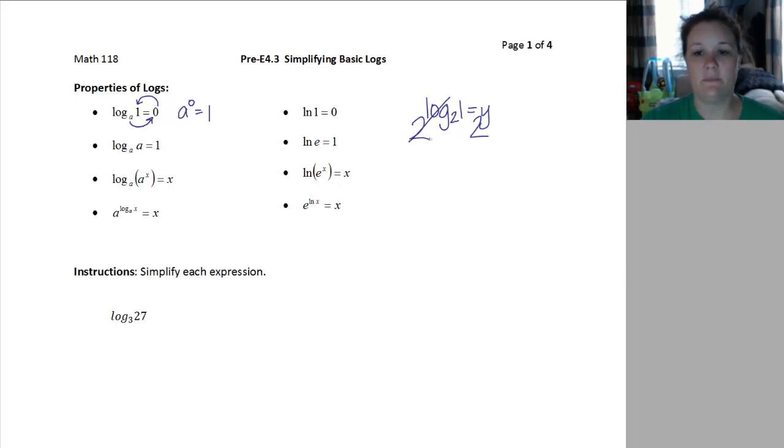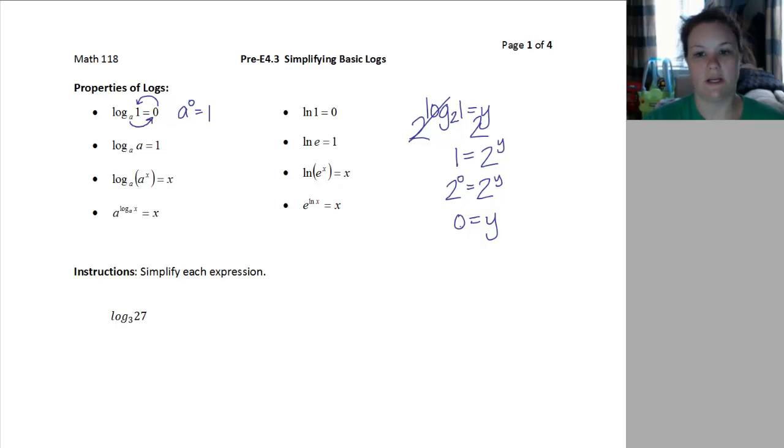My log base 2 and my exponential base 2 would cancel, so I'm left with 1 is equal to 2 to the y power. So here I'm trying to figure out what power of 2 would equal 1. Okay, and the only power of 2 that would equal 1 is 2 to the 0. Okay, so then by our base exponent property here, we could drop our 2's, which means that y has to equal 0. So this is the way I went over solving it in 4.2.